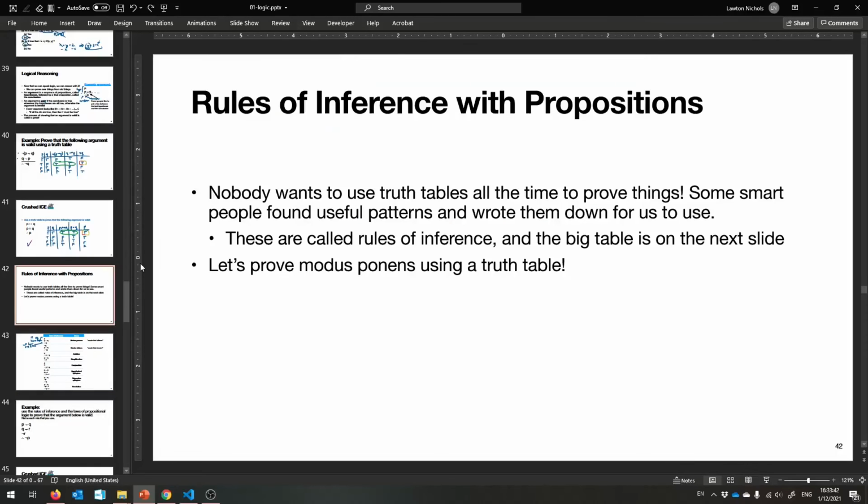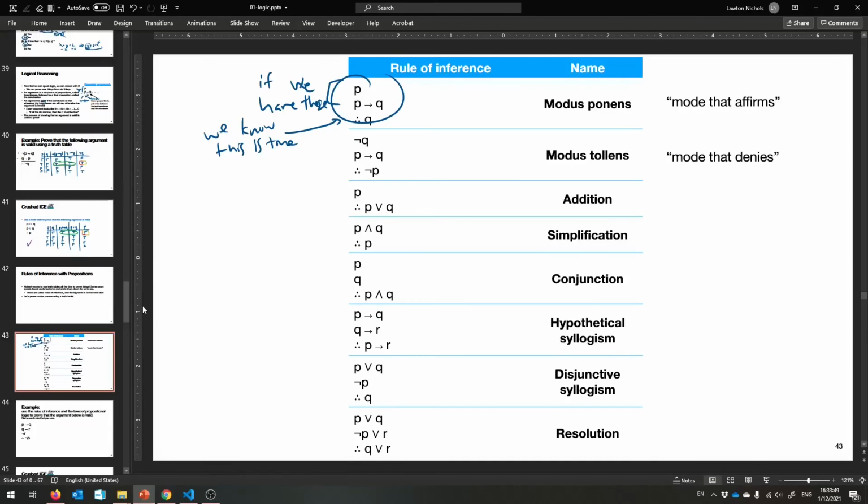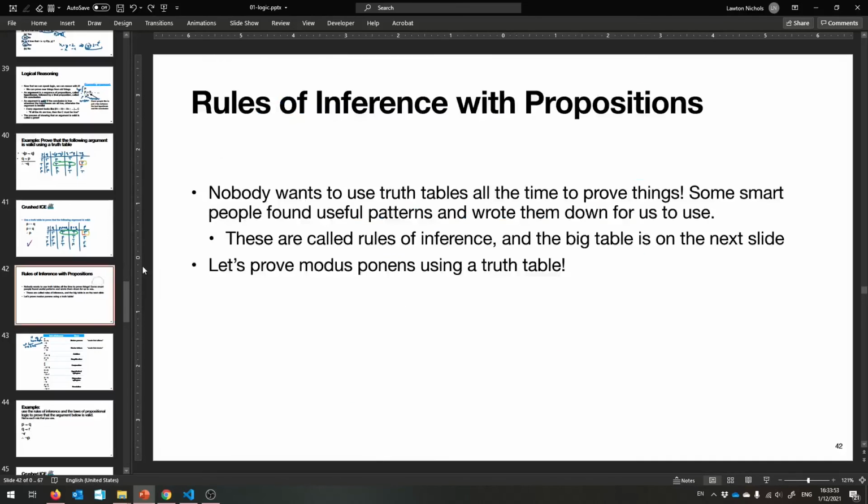So let's prove to ourselves that modus ponens is true using a truth table, because modus ponens is going to be one that we're going to use quite a bit in our careers, in the rest of this class at least. So modus ponens, assume the following.